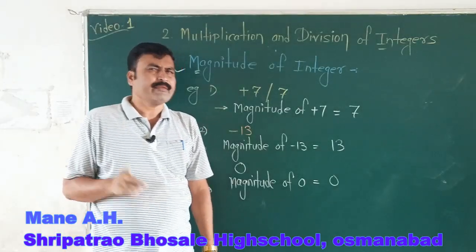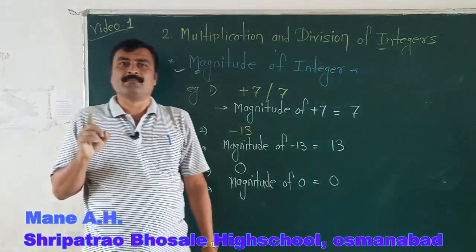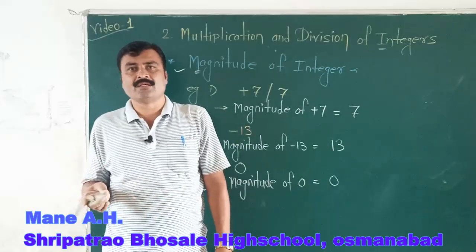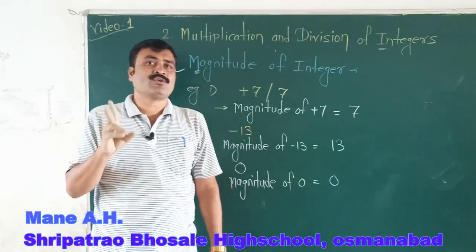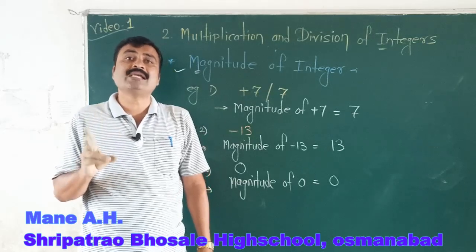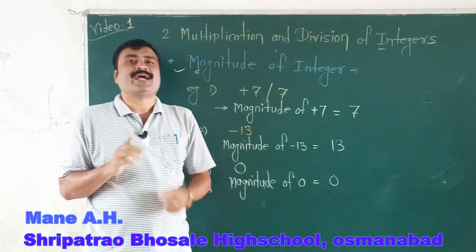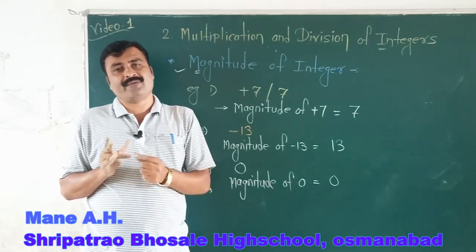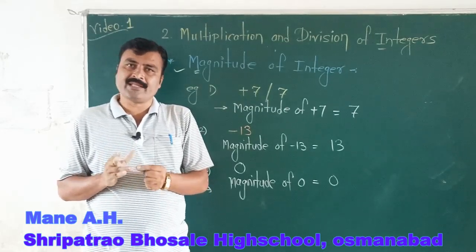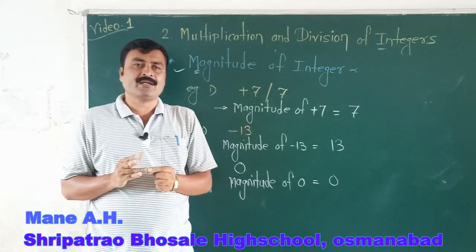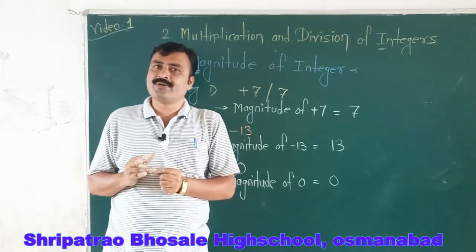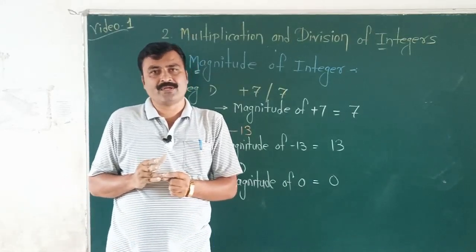But before continuing multiplication and division, first two basic operations we should know clearly. So in the next second video, we continue addition and subtraction of integers, their rules, their method, we follow there. So in this video number 1, we stop here.